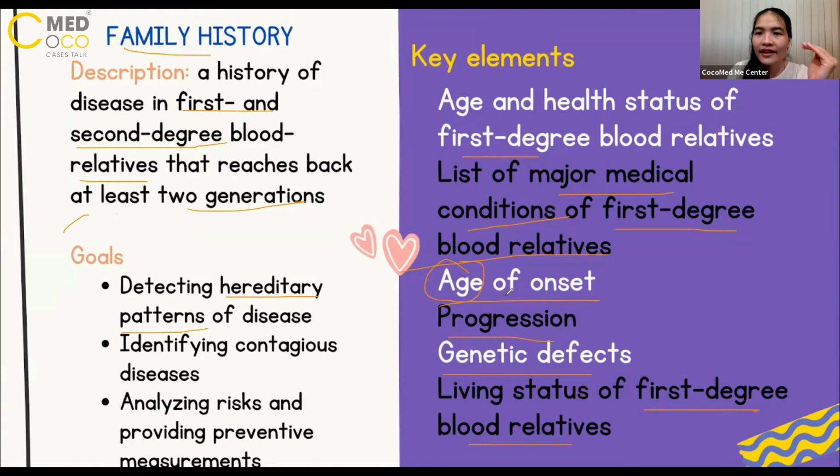That's the reason, because it belongs to what we call anticipation type of inheritance. So the later generation can start the disease later than the first generation, but more severe. That's the meaning of inherited pattern. So the age of onset is really important for this kind of disease.